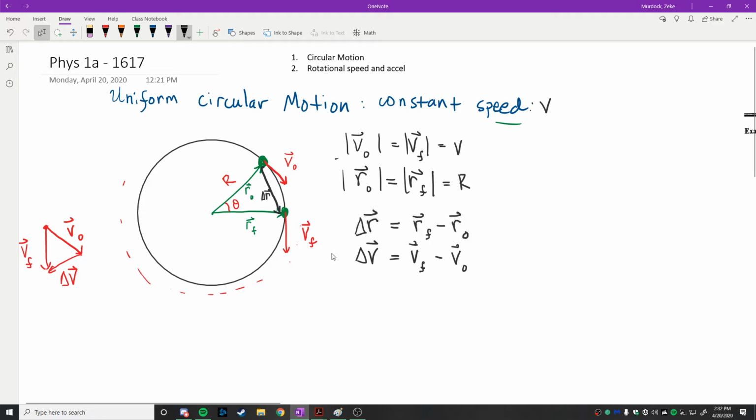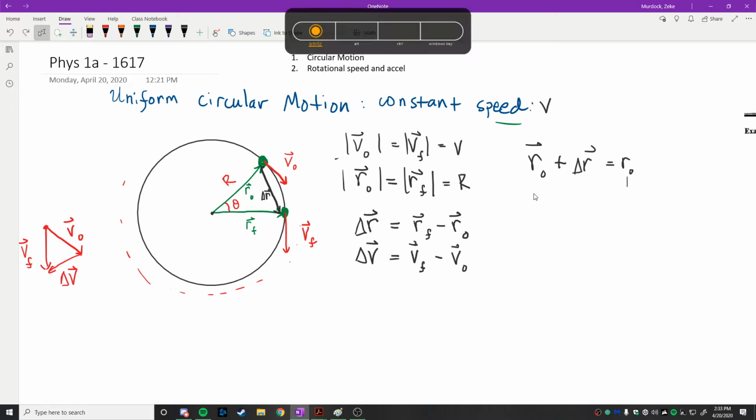And the simplest way for me to see it is this. If I start from here, and I go up this way, I have r initial, right? It's connected tip to tail to delta r. So if I say r initial plus delta r, can you guys see based on the tip to tail method that this vector plus this vector is basically defined as being equal to this vector here? Okay, and then you just need to do one step to rearrange it to go from there.